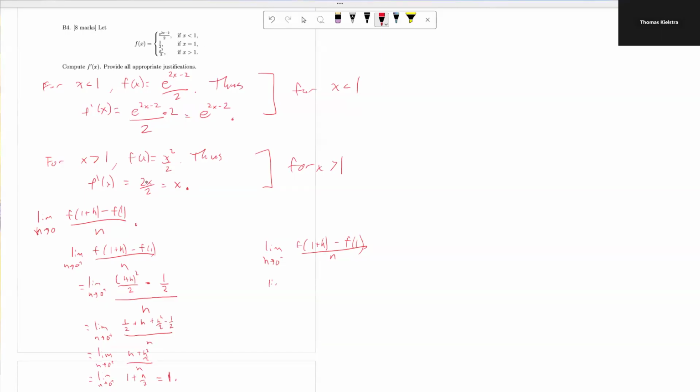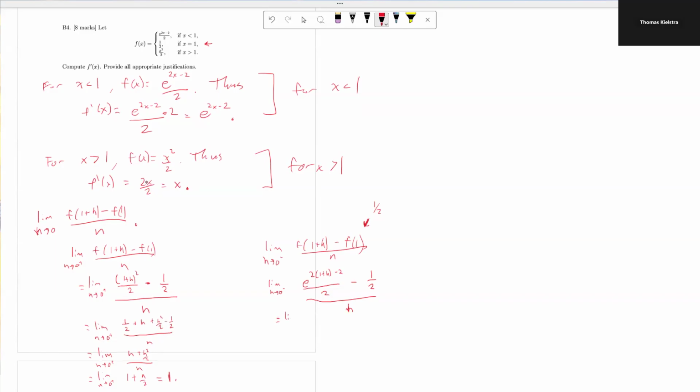Here, this is the limit as h approaches 0 from the negative of e to the 2 times 1 plus h minus 2 all over 2 minus 1 over 2 all over h. And notice that in both cases, f of 1 is equal to 1/2. I have to use this middle function when using the definition of the derivative at 1, because f of 1 is this function, it's not the top function.